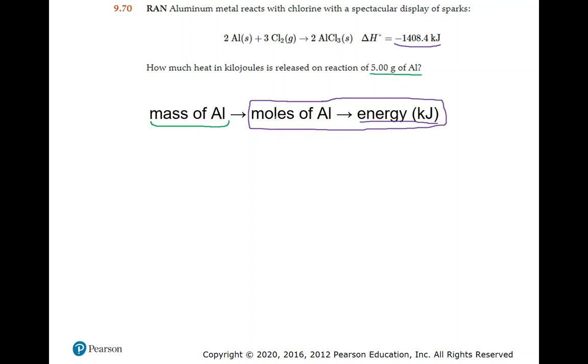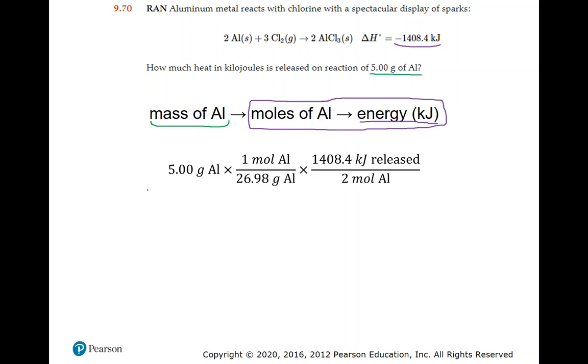Now, to convert from mass to moles, all we need is the molar mass for aluminum, which, since it's an element, a monoatomic one at that, all we need is the atomic mass for aluminum, which, if you look that up on the periodic table, is 26.98 AMU, which means that 1 mole of aluminum will weigh 26.98 grams. So if we set up our numbers, let's go through this step by step.